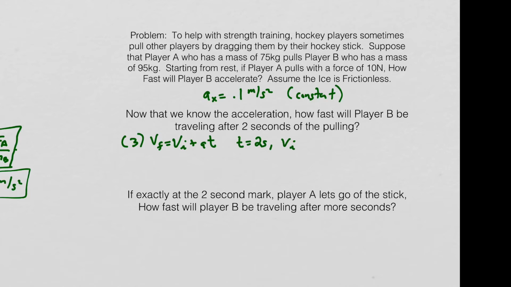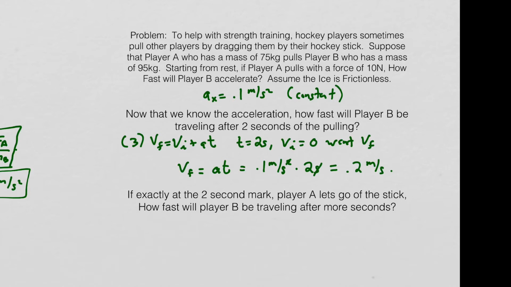We have that the initial velocity is 0, and we want the final velocity, so we can now plug this in, which is going to be v final is simply the acceleration times the time, which is 0.1 meter per second squared times 2 seconds. One of the time units cancels, and we see that 0.1 times 2 is going to just be 0.2 meters per second.